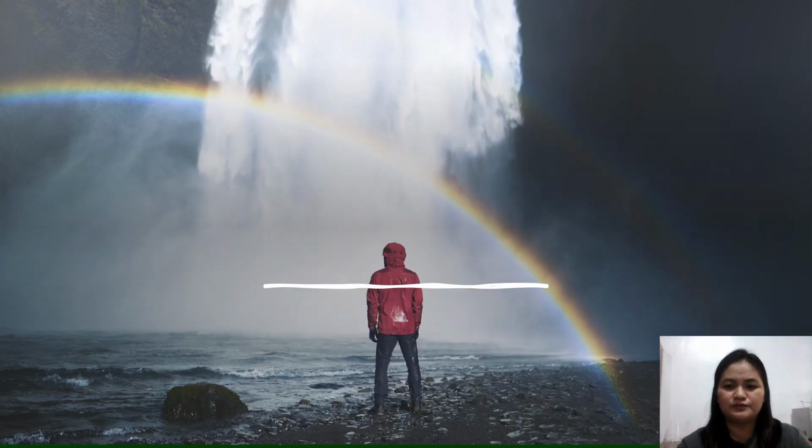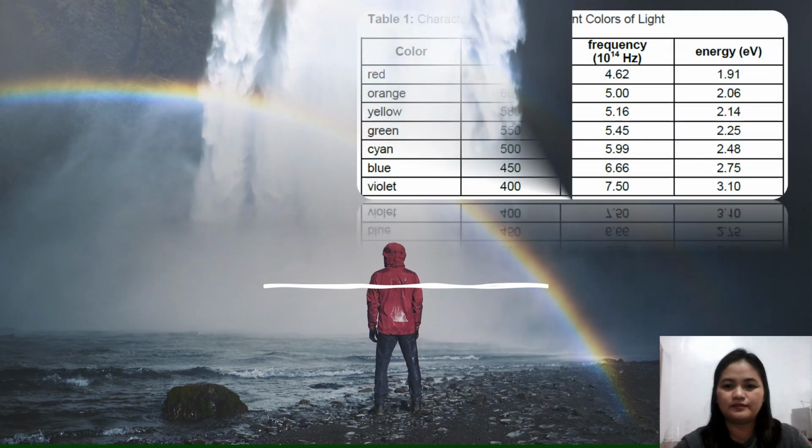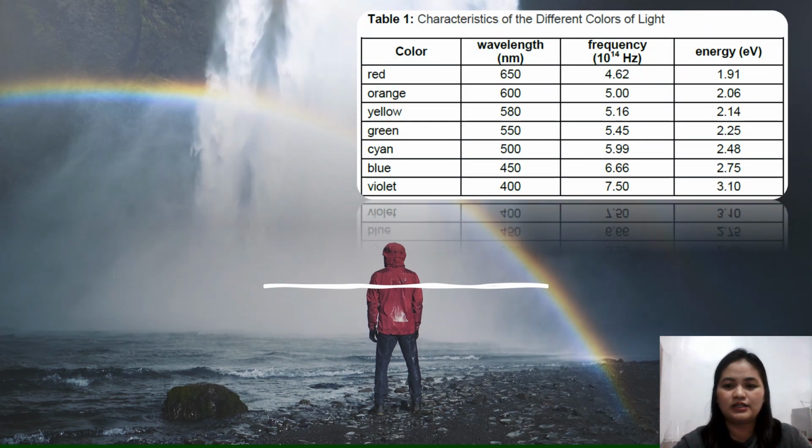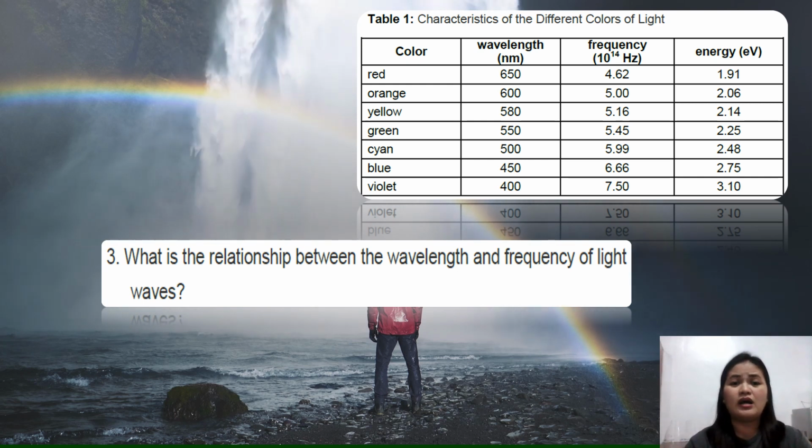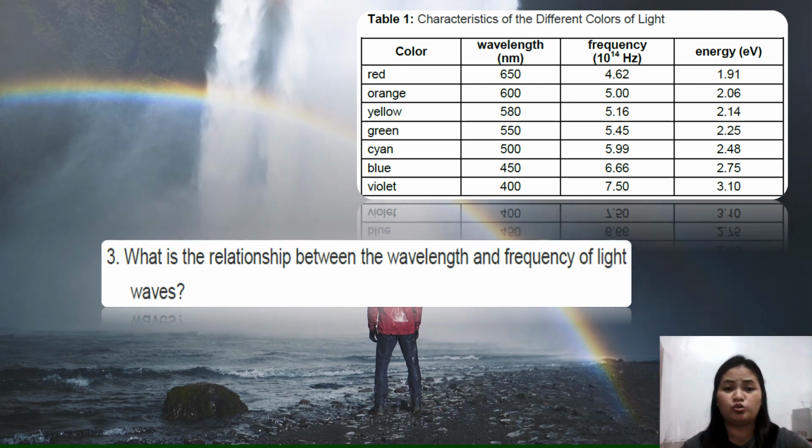Anong next dito? Yung table ulit. Question number 3. What is the relationship between the wavelength and frequency of light waves? Kanina ko pa sinasabi to, diba? Ano daw ang masasabi mo sa kaugnayan ni wavelength at frequency of light waves?